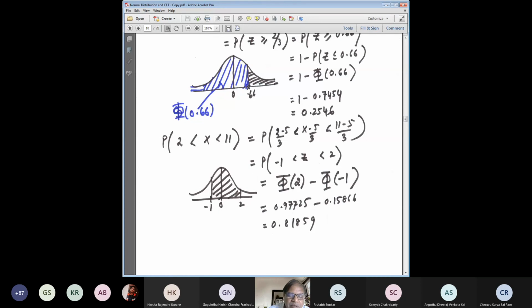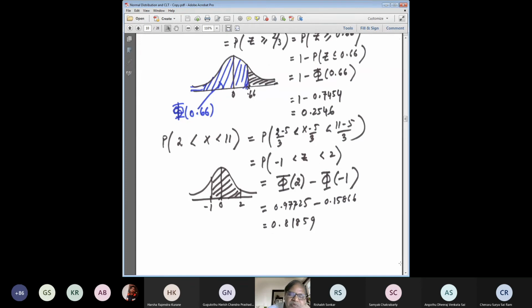If you write 0.34, it is wrong, because phi of 2 means the area has to be greater than 0.5, since 2 lies on this side. So intuitively it should be clear in your mind that if you choose a wrong value, you should realize it. So this phi of -1 is this, and if you subtract, you will get this area.